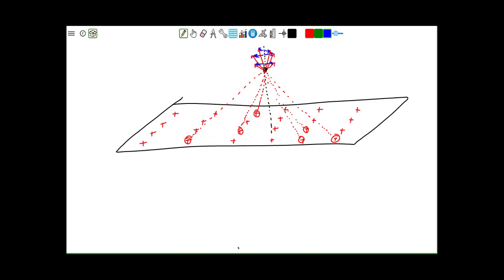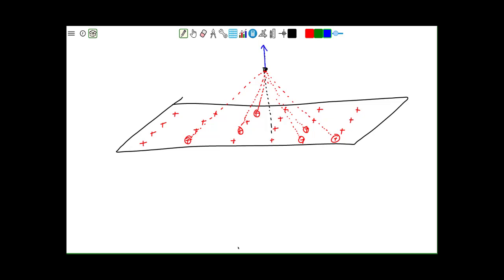Now, even though all the horizontal components of the electric field cancel, notice the vertical components do not. The vertical components sum together, such that at that point, there is going to be a net electric field that is vertical.